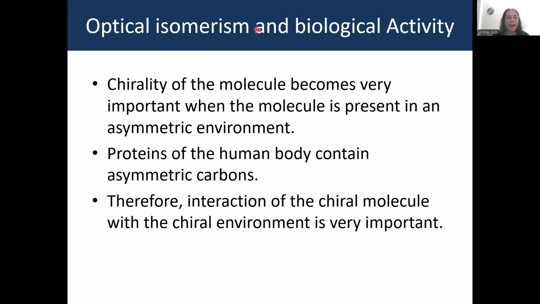Now, chirality of the molecule becomes very important when the molecule is present in an asymmetric environment. What is an asymmetric environment? The proteins in the body contain lot of asymmetric carbons. If you recollect, proteins are made up of amino acids.